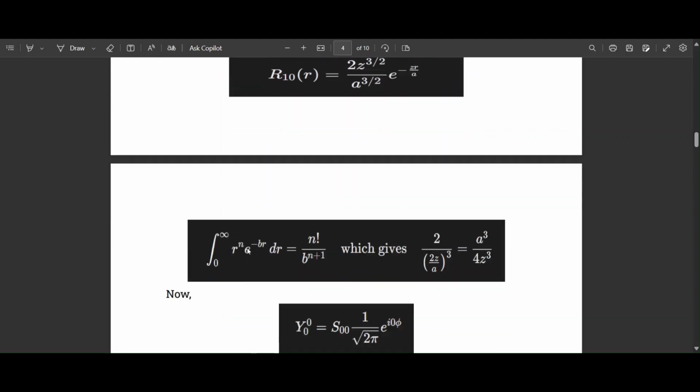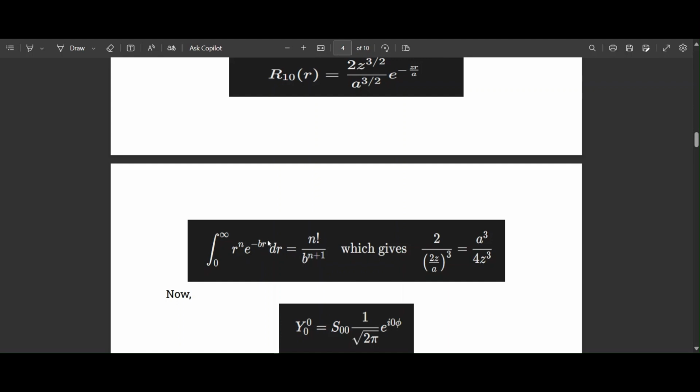Look, this is the formula that you have to learn for integration of anything like this. If you have an integral that is from 0 to infinity, okay, so limits should also be the same. ऐसा नहीं कि 0 से 10 तक है, no. If it is from 0 to infinity and you have the integral of the form r to the power n and e to the power minus br dr, it is equal to n factorial upon b to the power n plus 1, right?